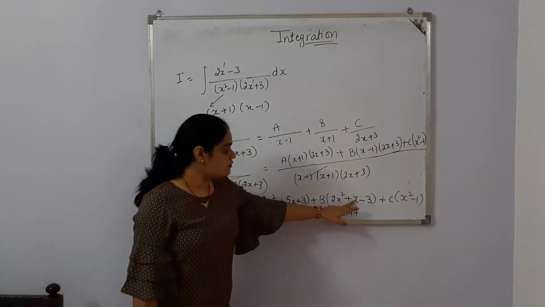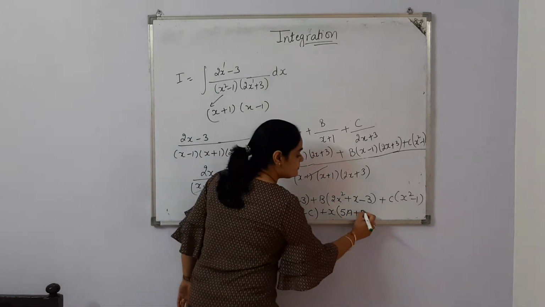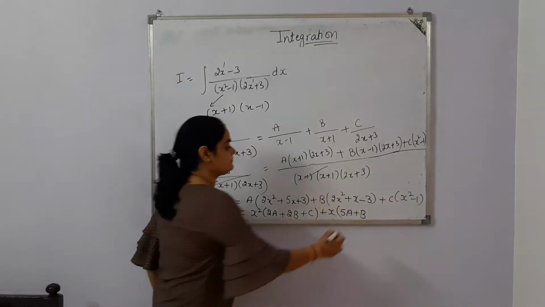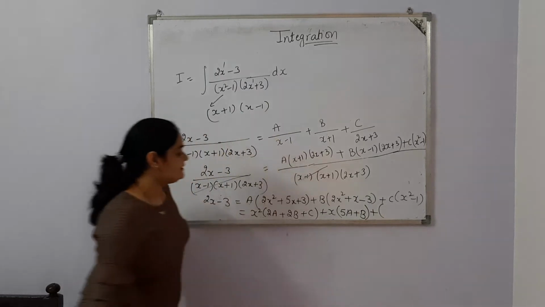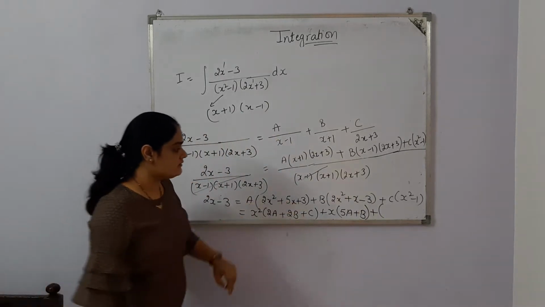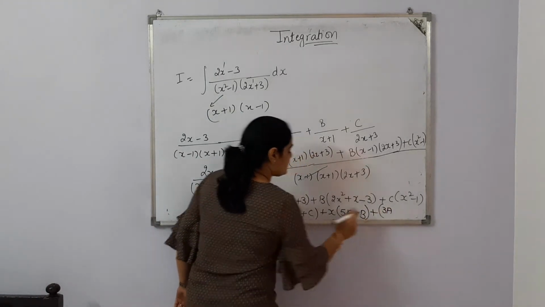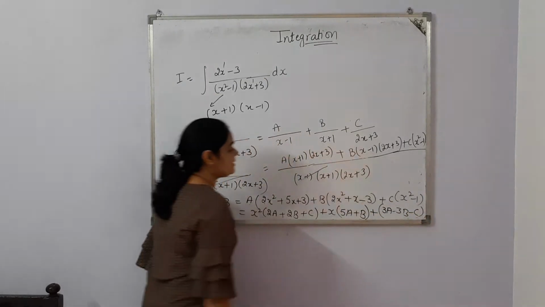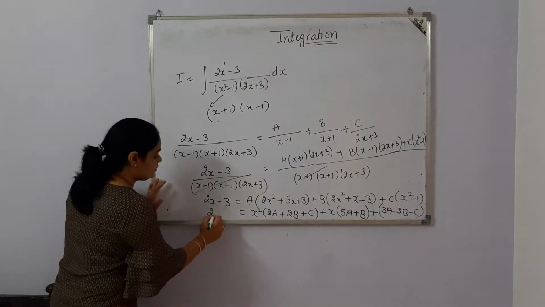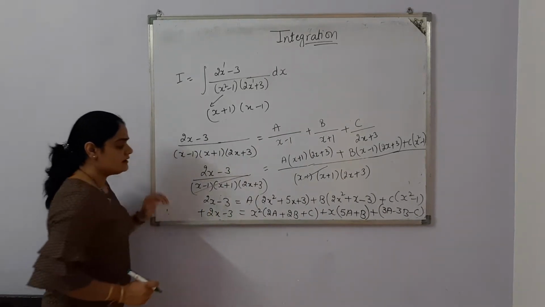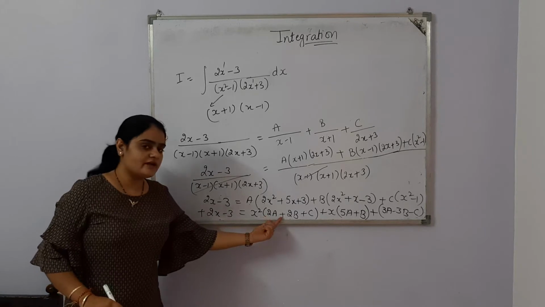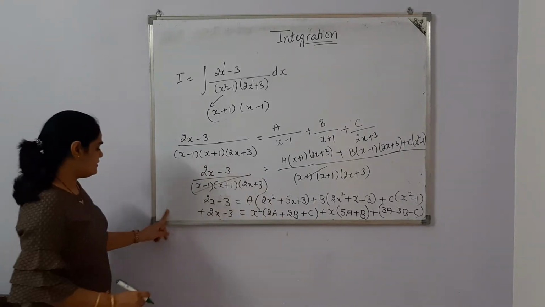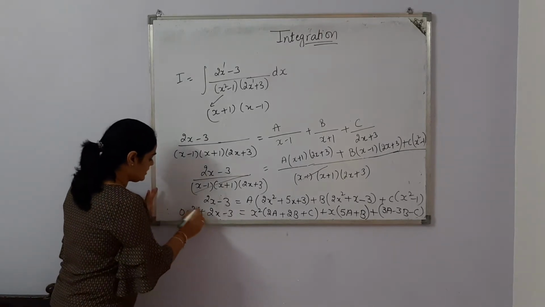Now b into x is bx, x is already out, so b is left behind, and there is no term of x here. Now we find the constant term: a into 3, which is 3a, b into minus 3, which is minus 3b, and c into minus 1, which is minus c. And here we have 2x minus 3. Of course, here we have no term with x square, so we'll take it as 0 x square.